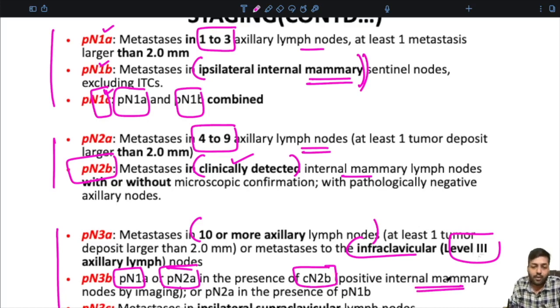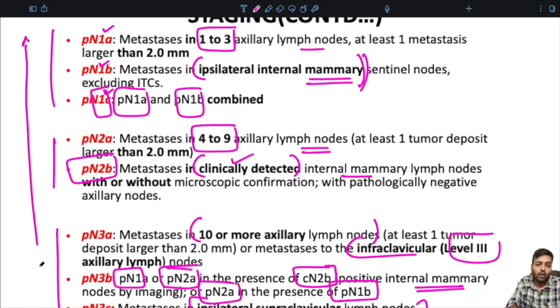So if there are positive internal mammary nodes by imaging, cN2b, that is clinical staging, in presence of pN1a or pN2a, then we call it 3b. Or if there is pN2a in presence of pN1b, that is also equivalent to N3b. And what is N3c? Metastasis in the same-sided ipsilateral supraclavicular group of lymph nodes constitutes N3c. Now this is important.